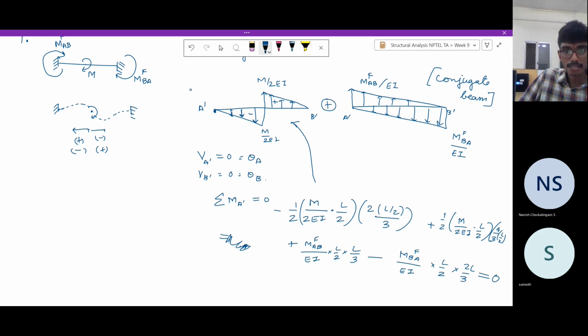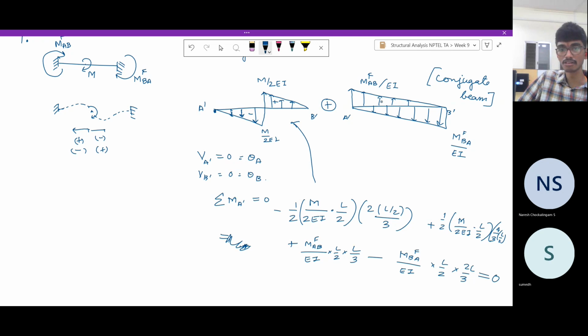And if this has to be supported, here you can see the total upward force is equal to the total downward force. But here it is not equal in general. If M_AB is not equal to M_BA^F, the upward force and the downward force need not be equal, which means you need to have a support reaction. But if there is a support reaction, then there will be a slope that is generated in the real beam.